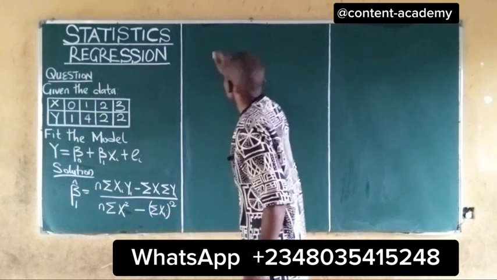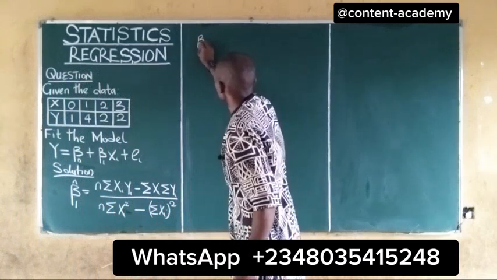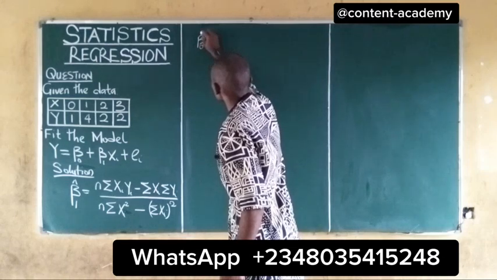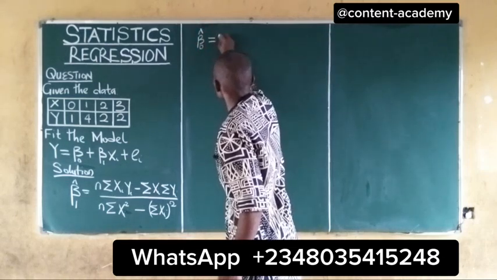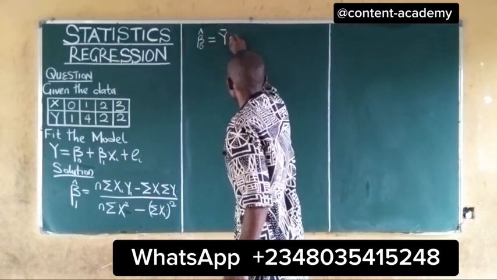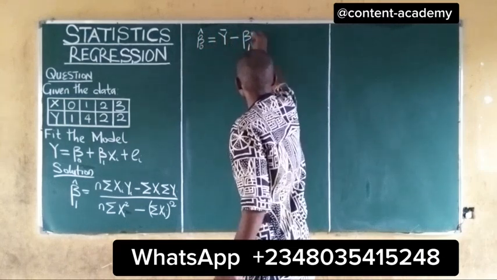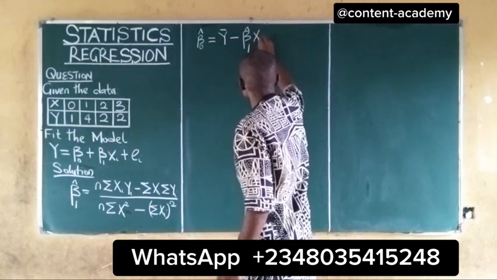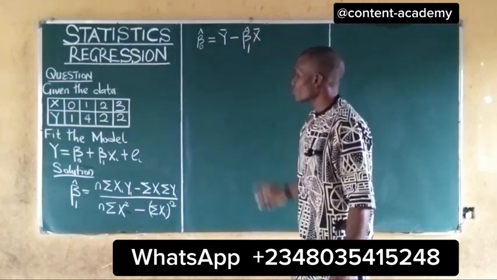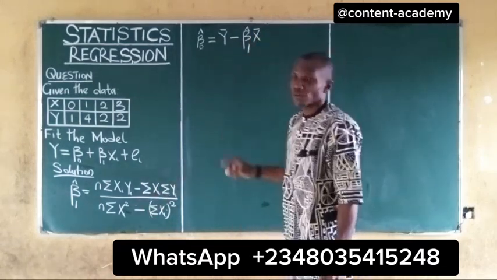This is for B1. And our B0 estimate is equal to y bar minus B1 estimate times x bar. So these are the two things we are looking for in this question.